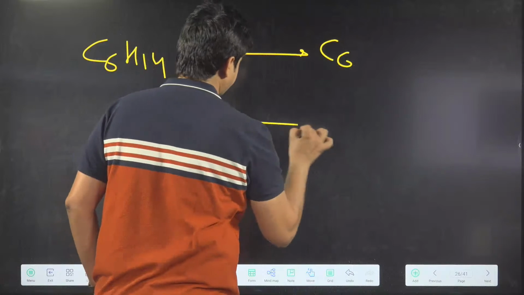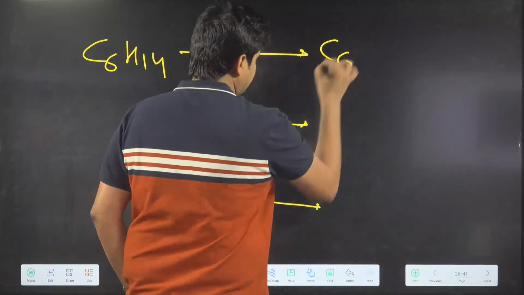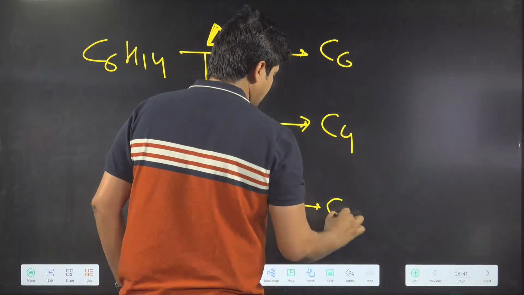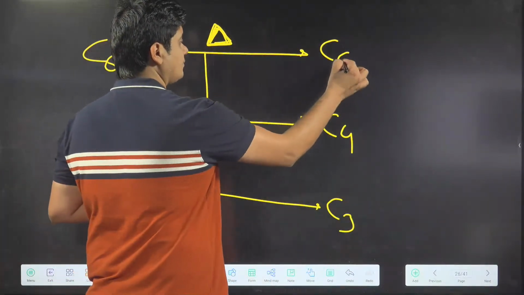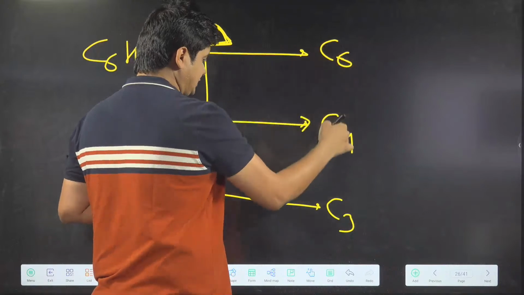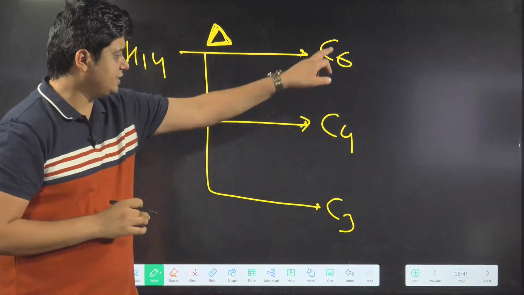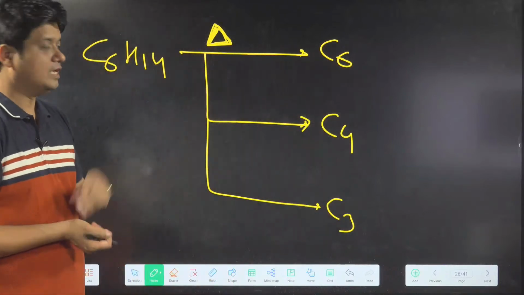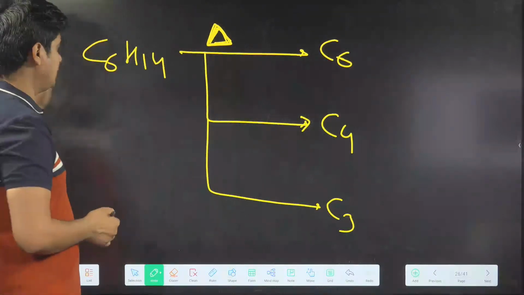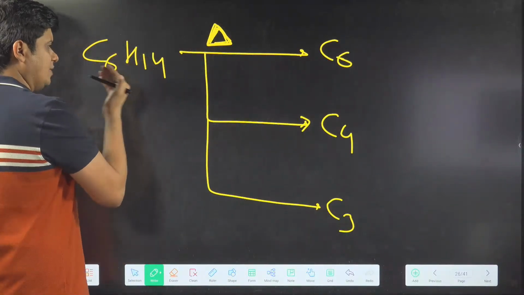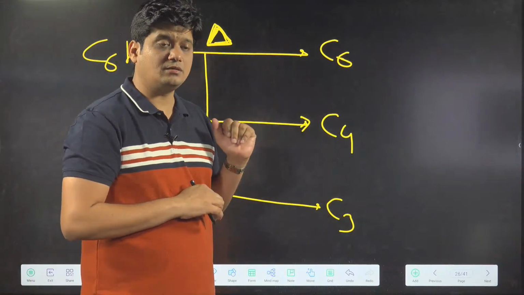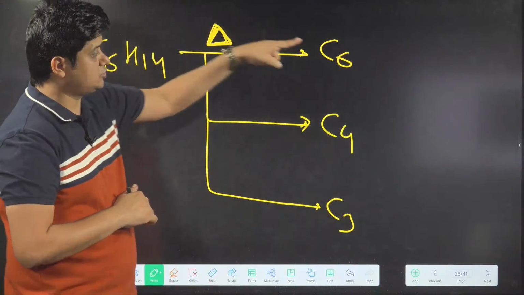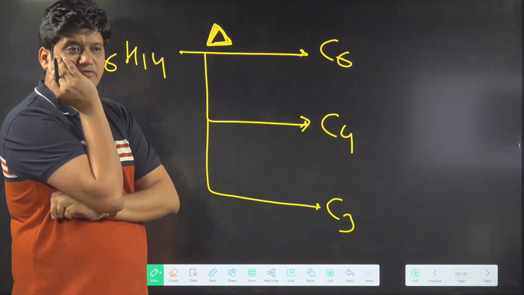C6H14, normal hexane, giving C6, C4, C3. Sir, this is C6, and this is also C6, how can it be different?